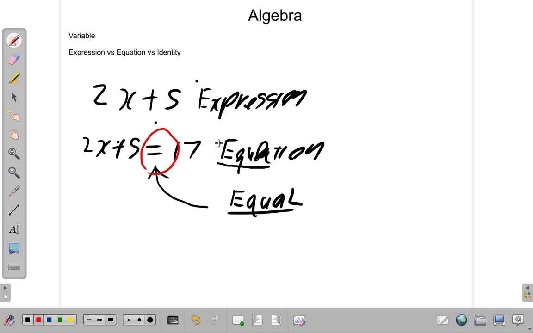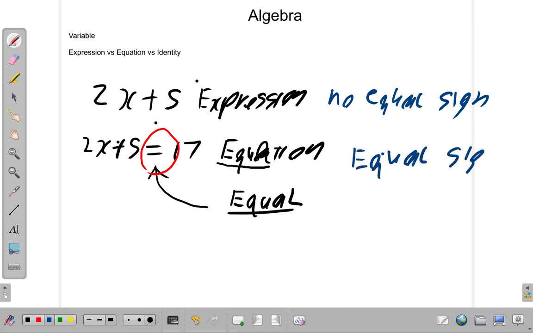So the expression does not have an equal sign. So in the expression, no equal sign. And in the equation, equate, equal, it must have an equal sign. Expression, no equal sign. The equation has an equal sign. So that's the basic difference between the expression and the equation.